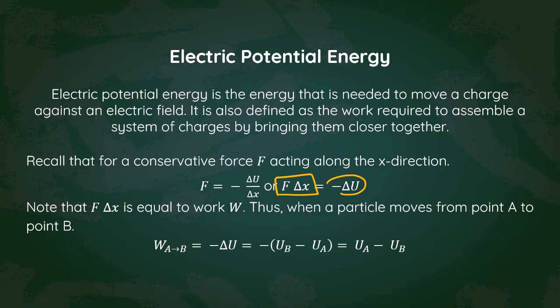Thus, when a particle moves between two points, let's say point A and B, the work done from point A to B is equal to the negative change in potential energy, or electric potential energy in this case.